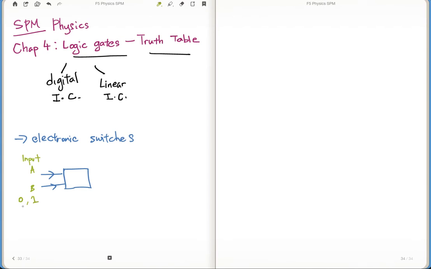The electronic switch operates only in the binary system that you have learned from modern maths. So A could be on or off, and B could be on or off. The combination of both determines the operation the logic gate performs inside, and then it gives you a single output.